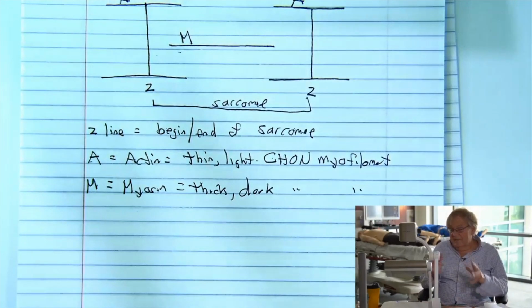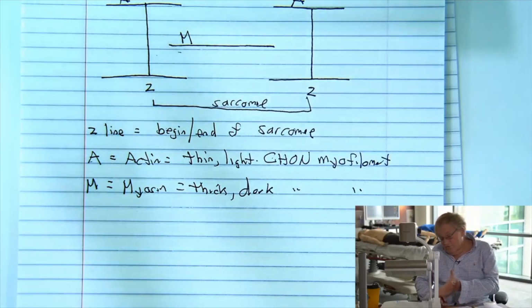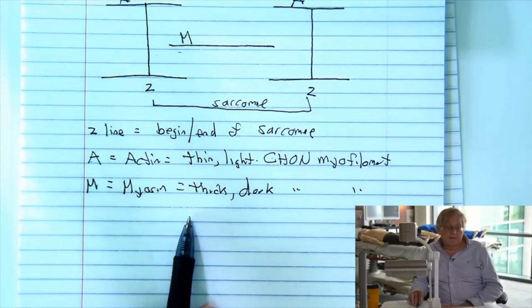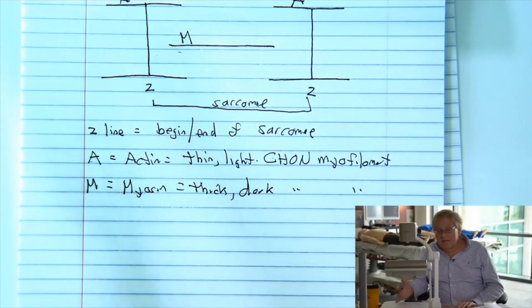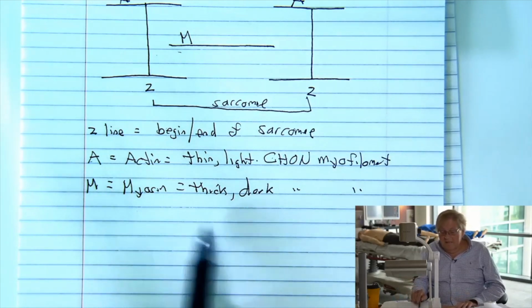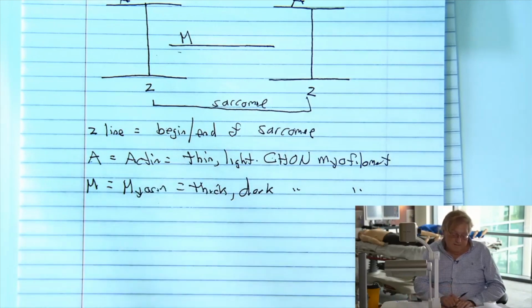That's where that term comes in of striated or striped. Think of a zebra, it's got light bands and dark bands. Sure enough, muscle under an electron microscope has got light bands and dark bands, and those bands come into play by the way of the organization of the actin and the myosin.